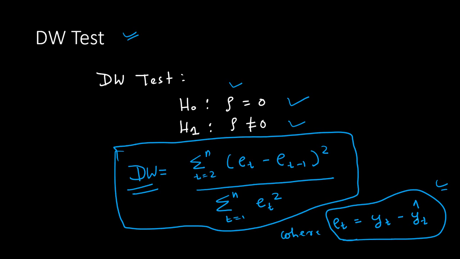It's just yt minus yt hat, the error term in any linear regression equation. Put it for all t starting from t equal to 2 to t equal to n. Depending on how many error terms you have in a regression equation, you can find out this particular numerator, and you also have the denominator in place. Just add them all, divide the numbers, and you will get the Durbin-Watson statistic.